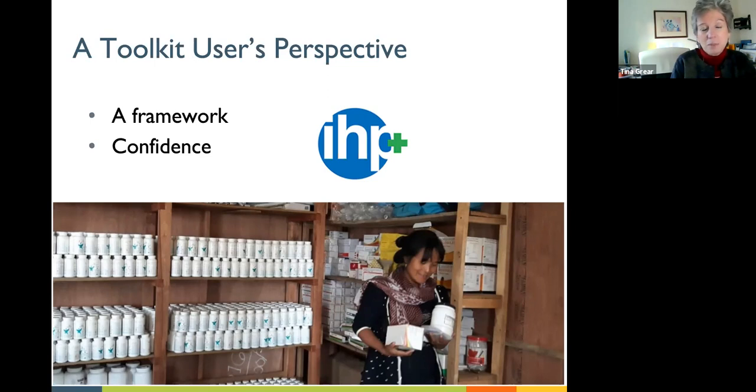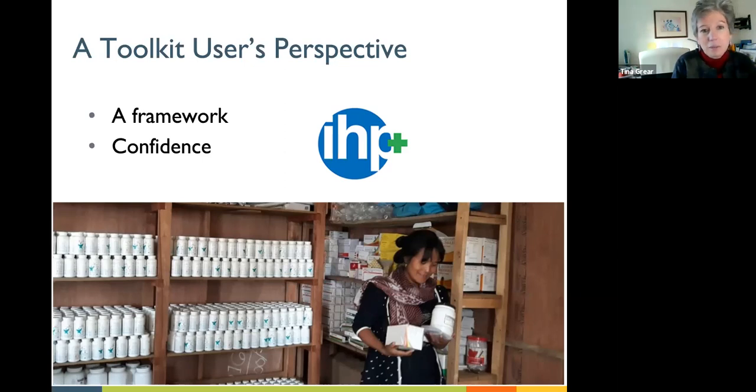So the toolkit is a really good way to look at how you approach your M&E in general, and how you enhance it and take it further with the benefit of the expertise that has gone into developing it. And so what the toolkit gives you is, first off, a framework.